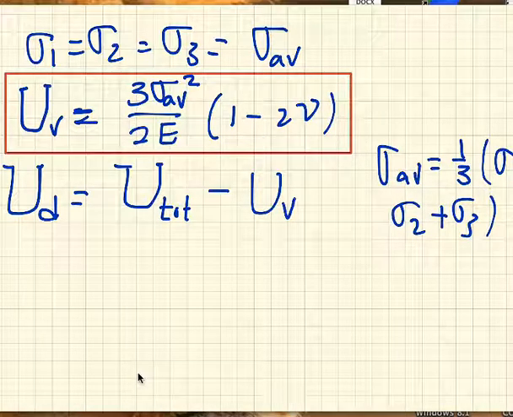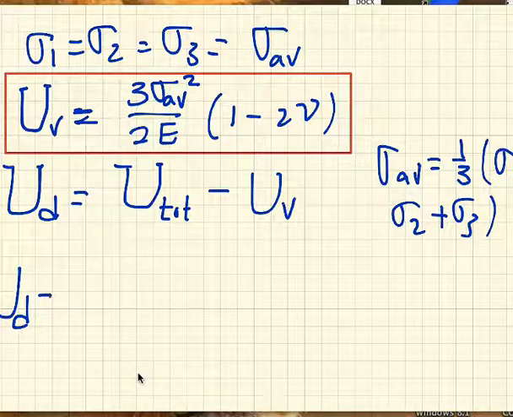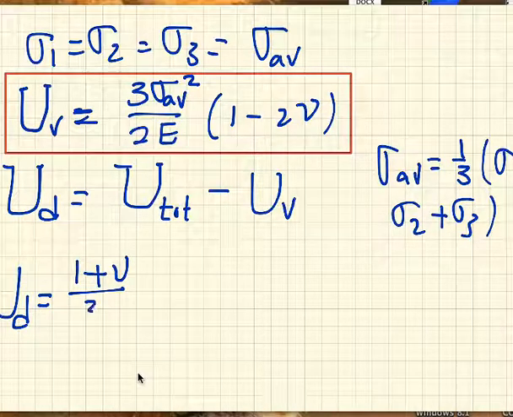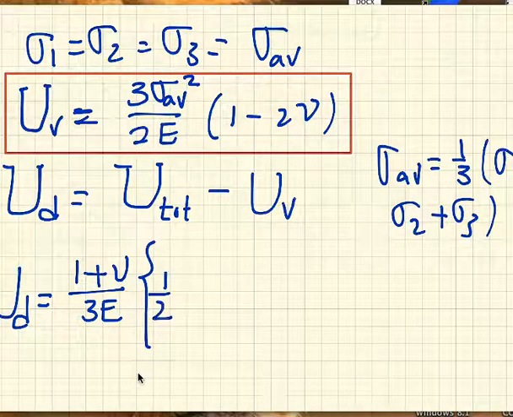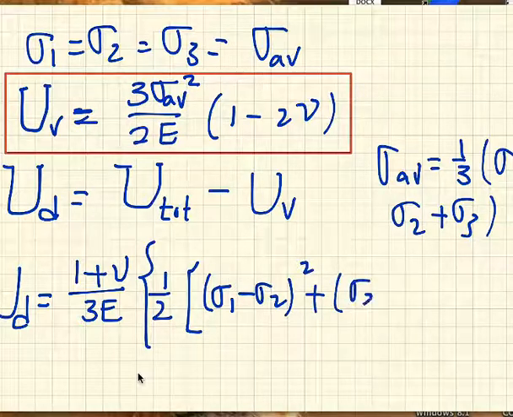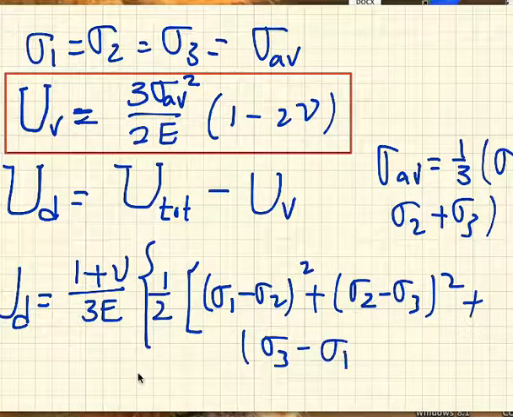So in this case, when you do the subtraction, you will get the result that looks like this. U distortion is equal to (1 plus nu) over 3E, multiplied by 1/2 of the differences between 1 and 2 squared, 2 and 3 squared, and 3 and 1 squared.